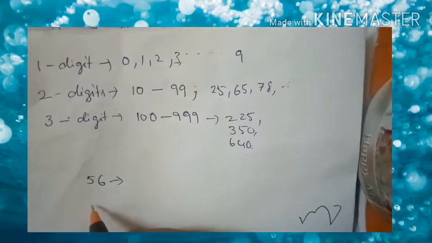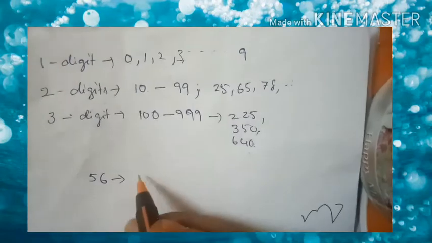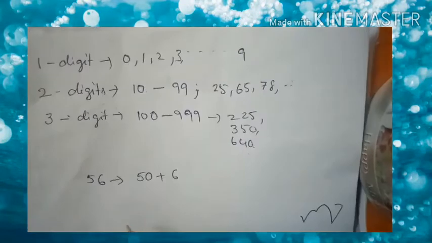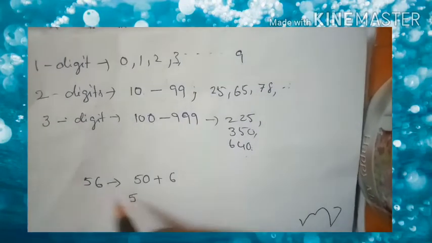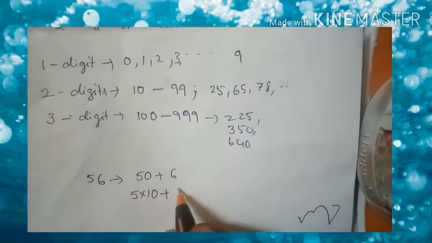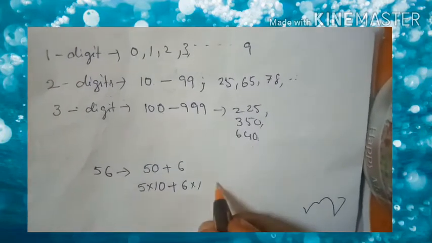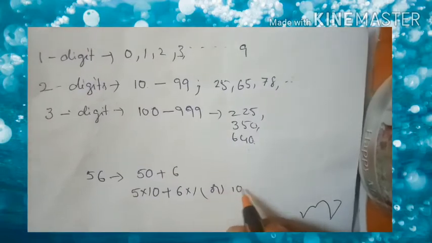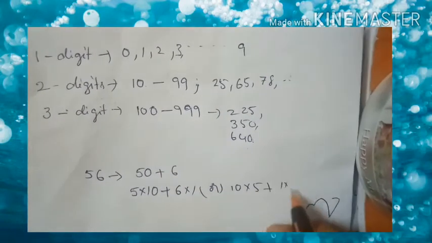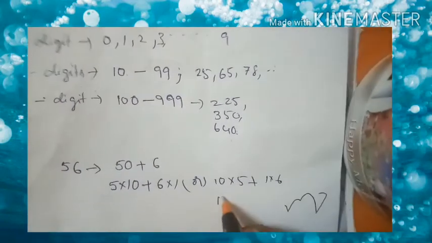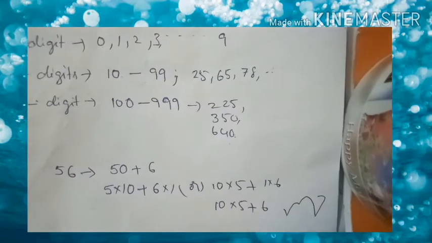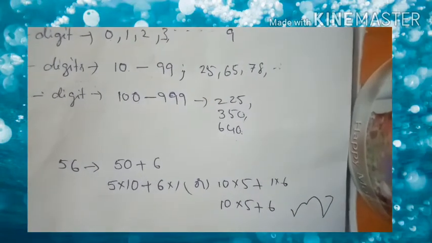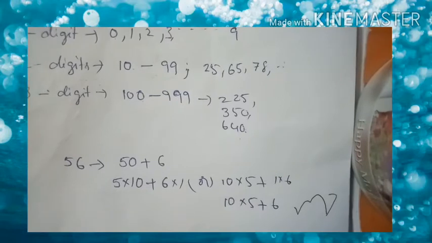How can you write it in a general way? Yes, 50 plus 6, that means 5 into 10 plus 6 into 1, otherwise 10 into 5 plus 1 into 6 or 10 into 5 plus 6.